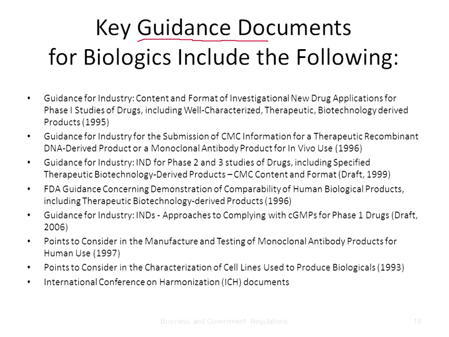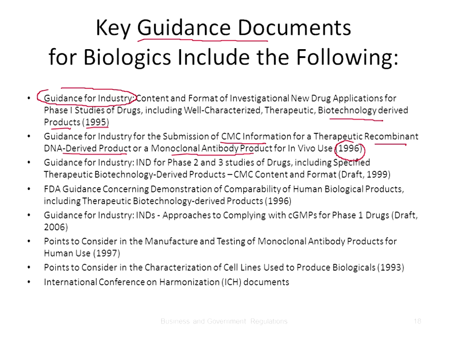If you are dealing with biotechnology derived products, then you should look up this guidance for industry, which was published in 1995. Then, of course, there is the guidance for industry for submission of CMC information for therapeutic recombinant derived product or monoclonal antibody for in vivo use, which was published in 1996.